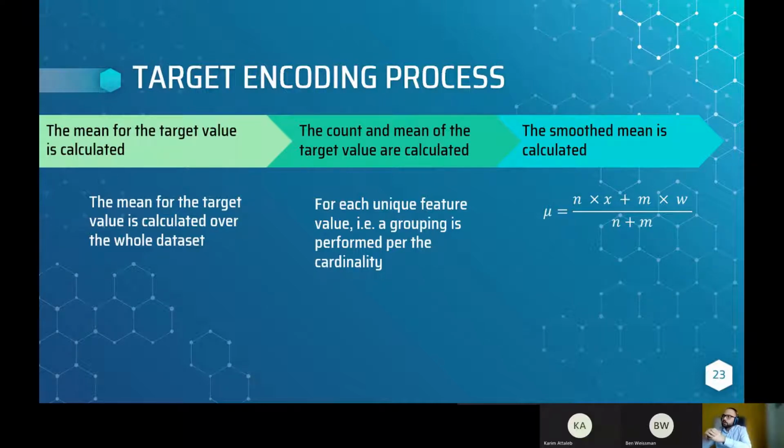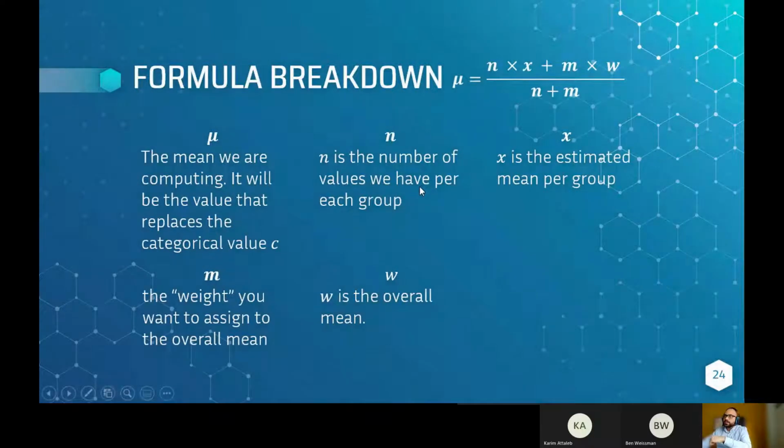And finally, we have to calculate what is called a smooth mean according to this formula, which you can examine on the next slide. This formula takes a lot of metadata values, let's call them that, from our data set. These are all numbers that we already have, such as the number of values, the estimated mean that we just calculated, and the overall mean that we also just calculated.